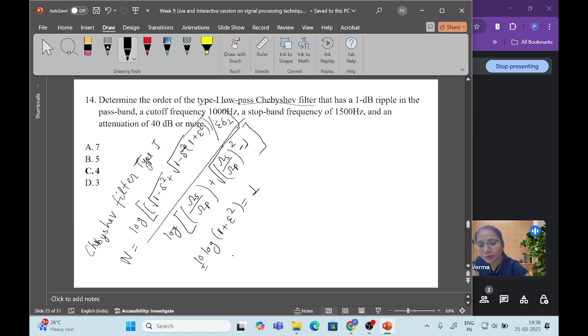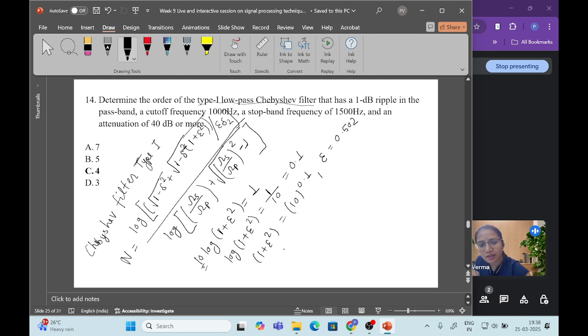So from here you can calculate log 1 plus E square equal to 1 by 10, equal to 0.1. So 1 plus E square you will get 10 to the power 0.1, and E you will get 0.502.